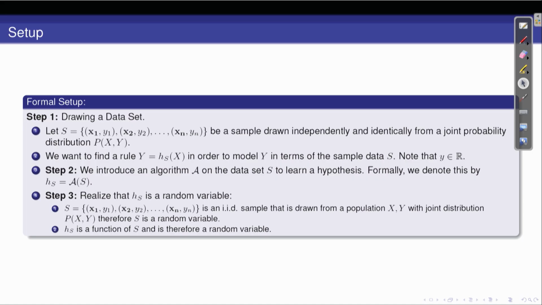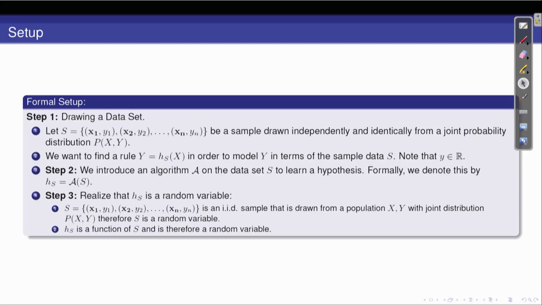whole process of drawing knowledge, drawing inference about a population based on data using a particular algorithm. So you will have a data set x1, y1, x2, y2, up to xn, yn. This will be a sample drawn from some probability distribution, the joint distribution of x and y.